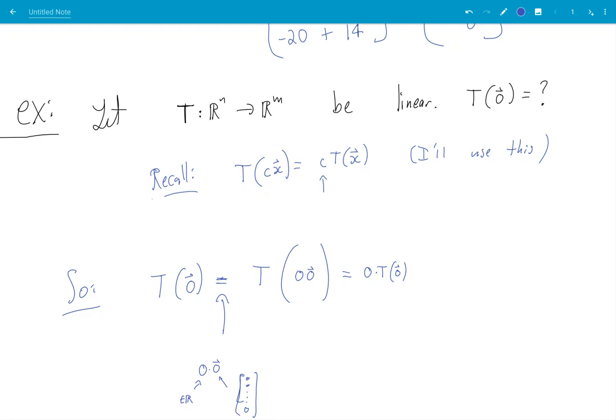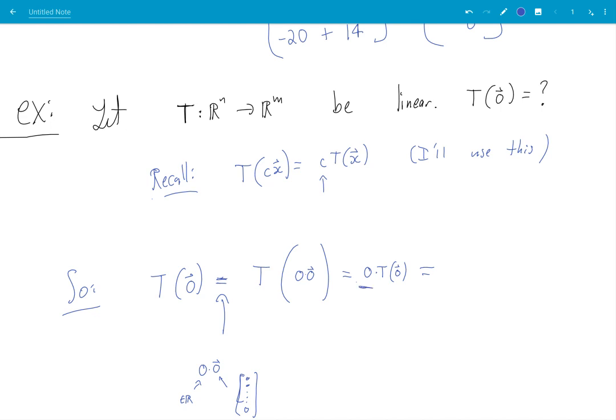So this equal sign, to justify it, I'm using this equation. But now I have the real number 0 times some vector. I don't know what it is, but it doesn't matter, right?